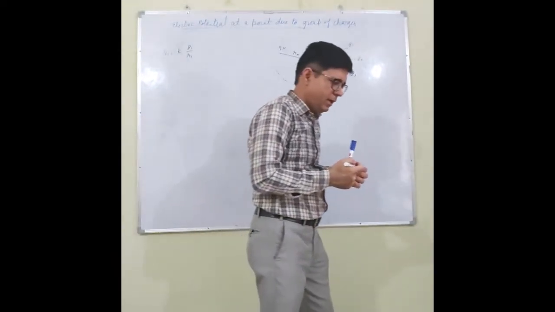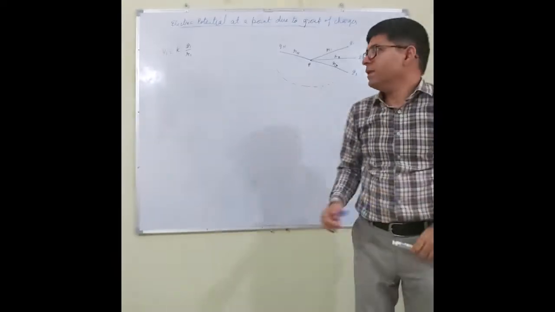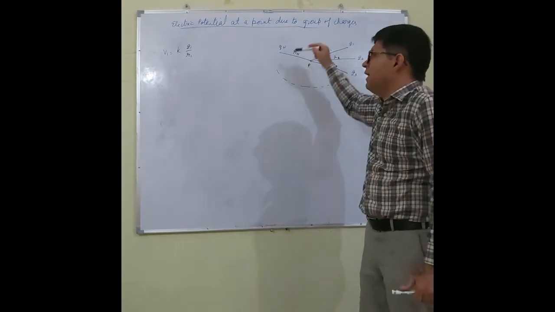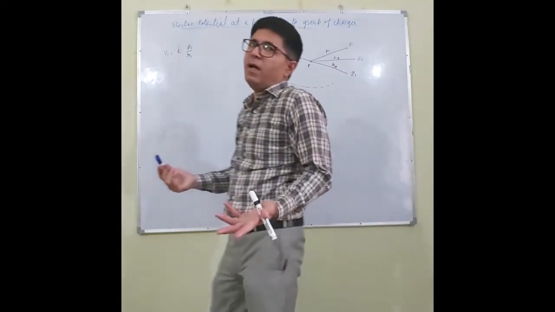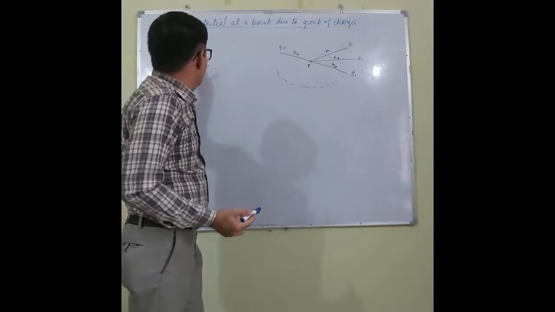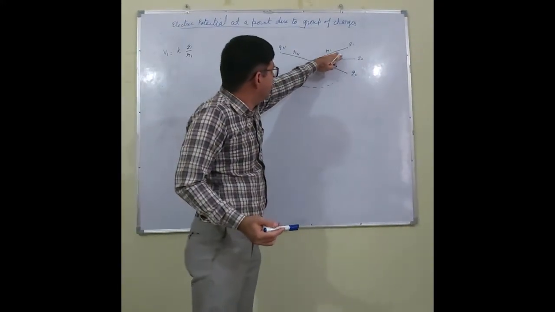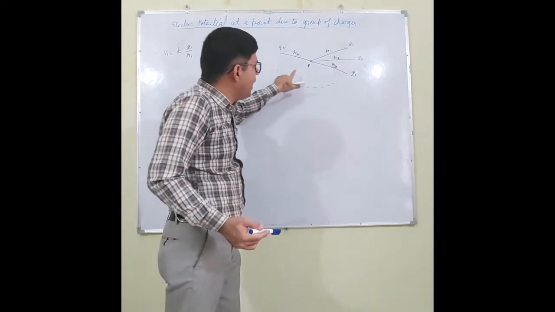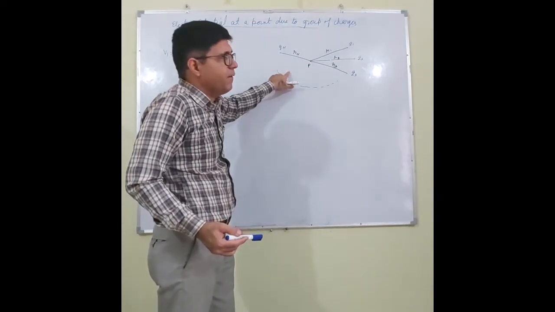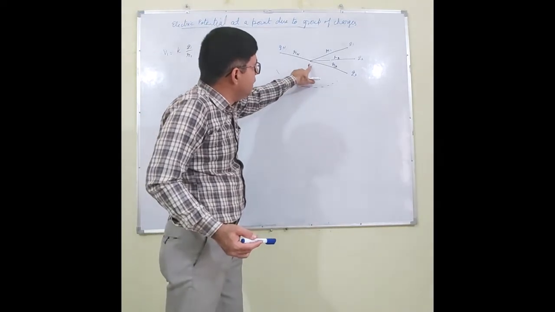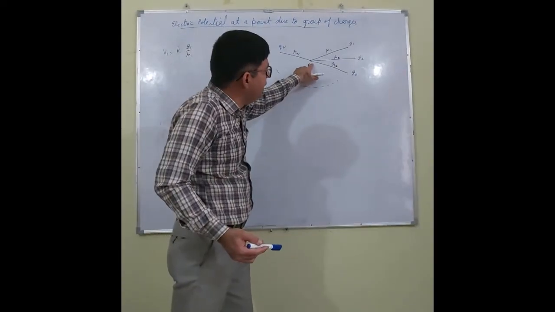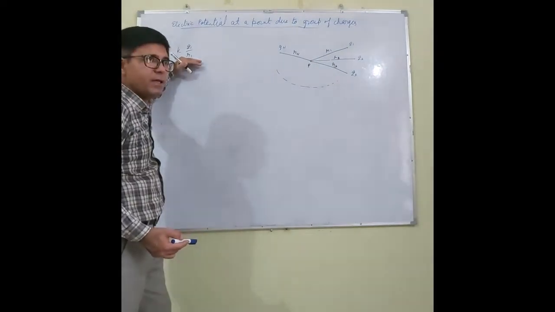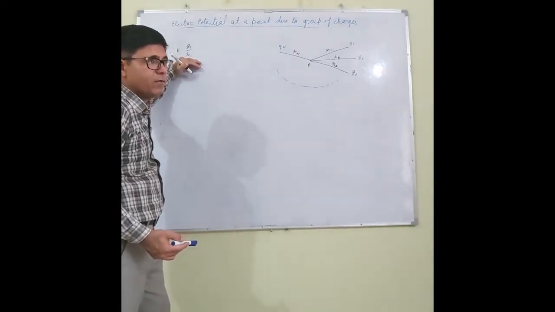So what does it mean? The electric potential at point P remains unaffected by the presence of the other charges. Whether there is a single charge Q1 or a large number of charges, the electric potential at P due to Q1 will remain K Q1 by R1. It will not change.